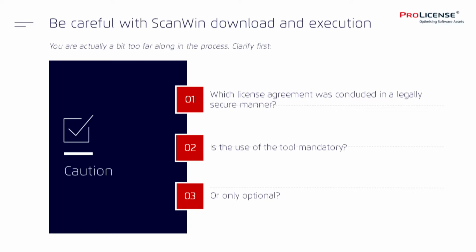So the goal is that you do not install the ScanWin tool on your systems. How do you do that? Let's have a look at your contracts, if you're actually legally, contractually obliged to do so. The sources that the auditor, or the partner of the auditor who's going to audit you, is going to send you will say that you have the obligation to install these ScanWin tools.